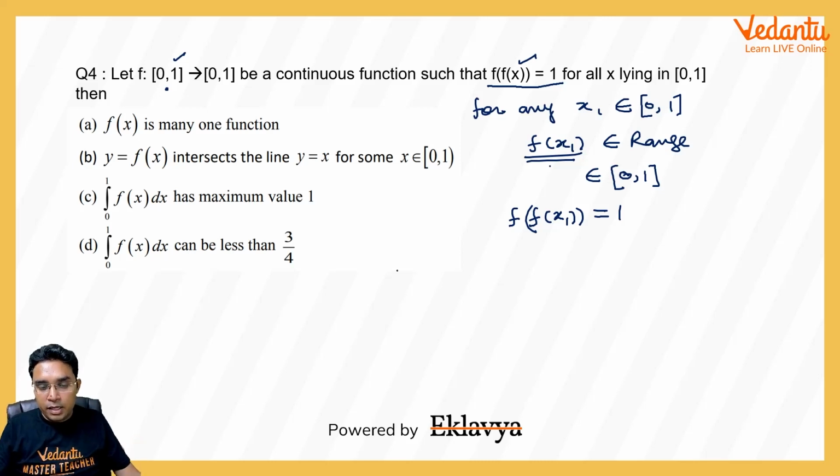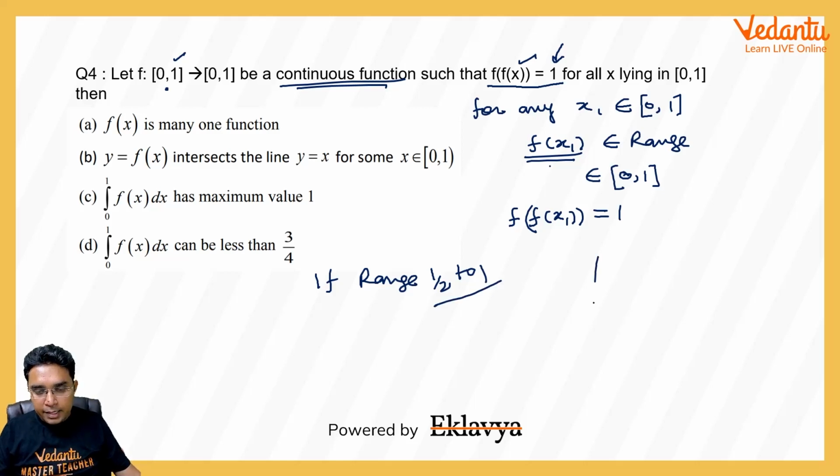Just to give you one example, suppose my range is, and for that first let me tell you, range should include 1 for sure, because f of f(x) is 1, and also it is a continuous function. So let me take that the range is, let us say, from half to 1. In that case, for all x that are between half to 1, the value of the function has to be 1 only.